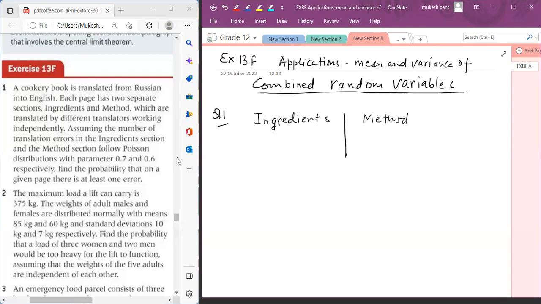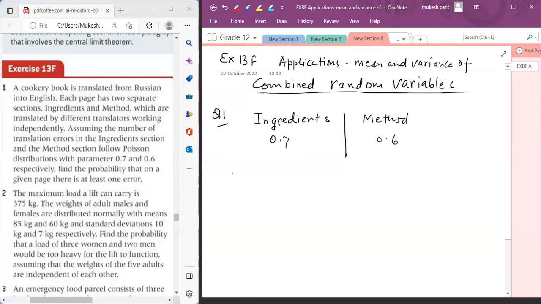It's given in the question, and we have to find the probability of at least one error. The parameter of error in ingredients is 0.7, and in the method 0.6.